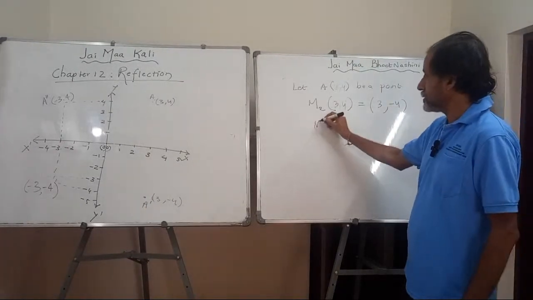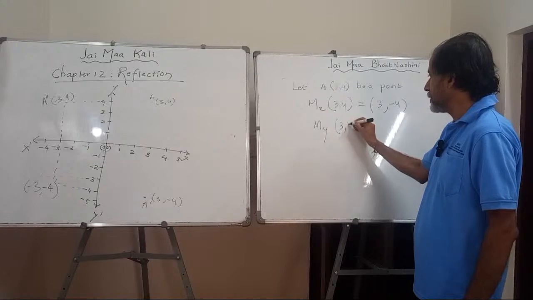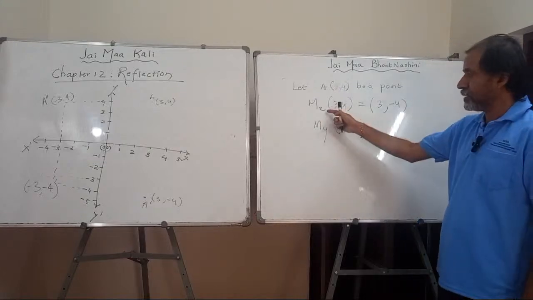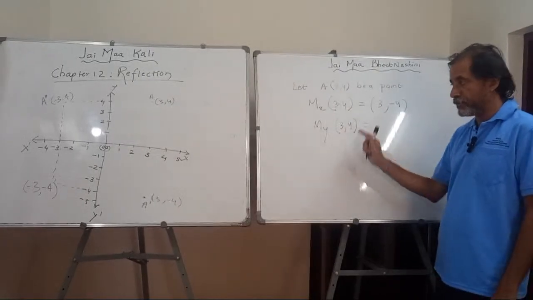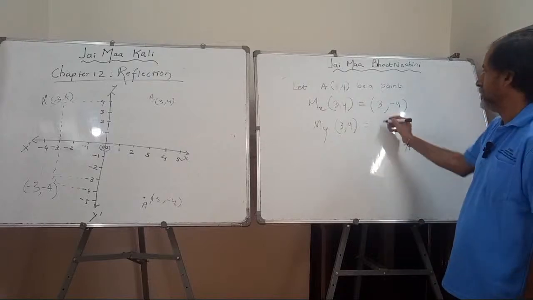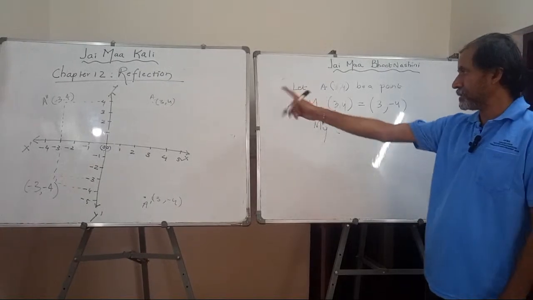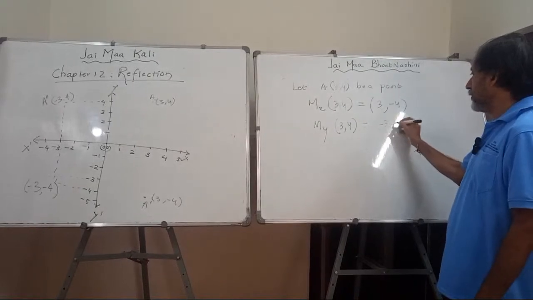If the mirror is the y-axis, it will become (-3, 4). Reflection in the x-axis, reflection in the y-axis of this point, written like this.